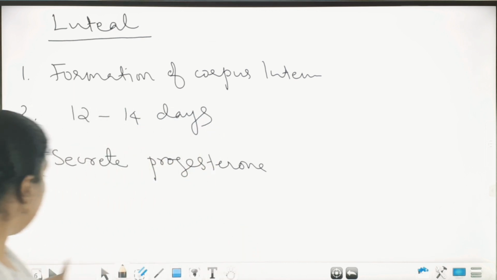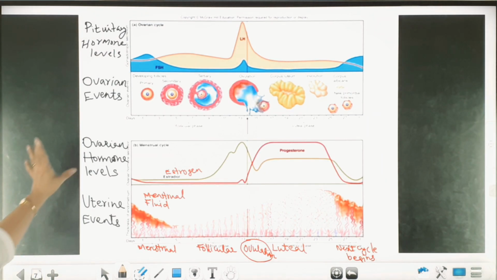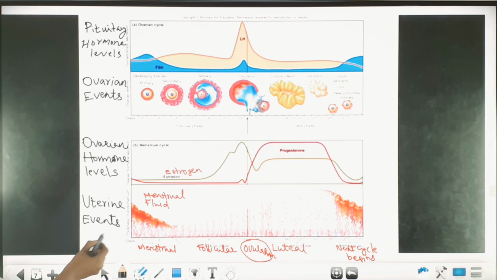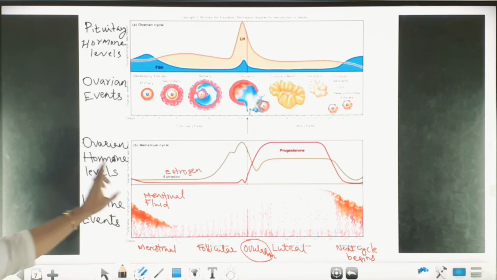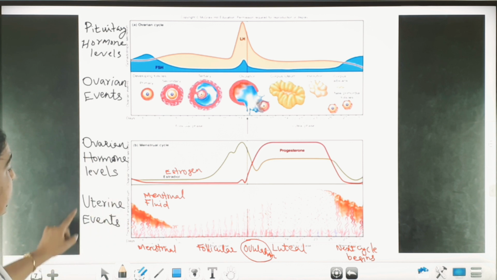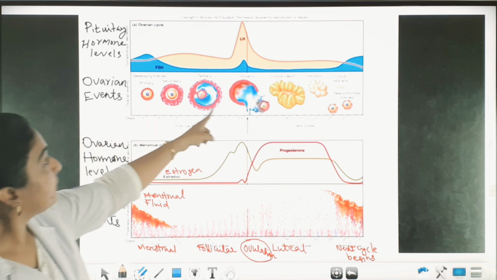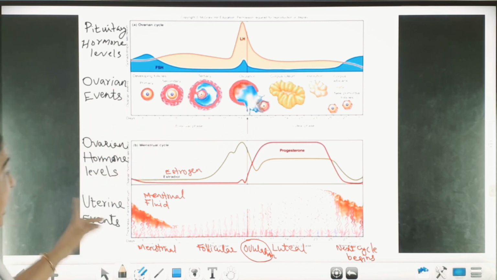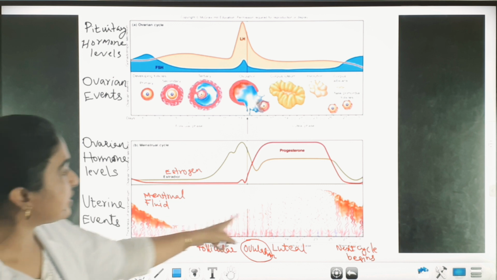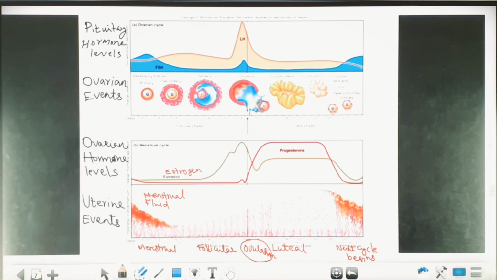Now we can see the schematic representation of the menstrual cycle. Here, these are the uterine events. So in the menstrual cycle, two events occur simultaneously in the uterus and in the ovary. The events in the ovary are known as ovarian events, and the events in the uterus are known as uterine events.